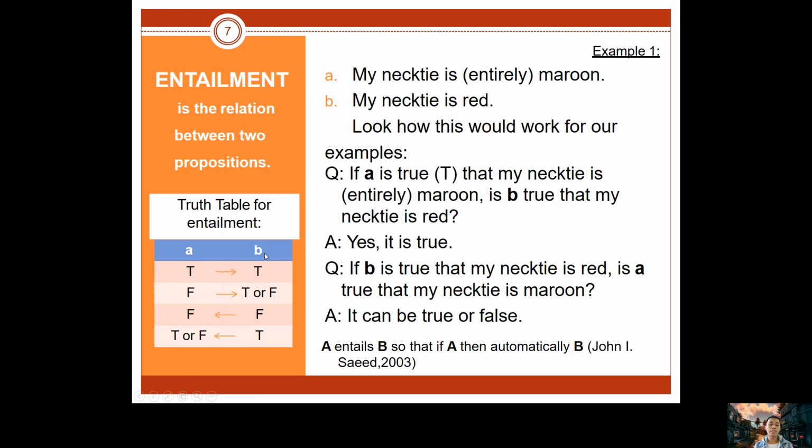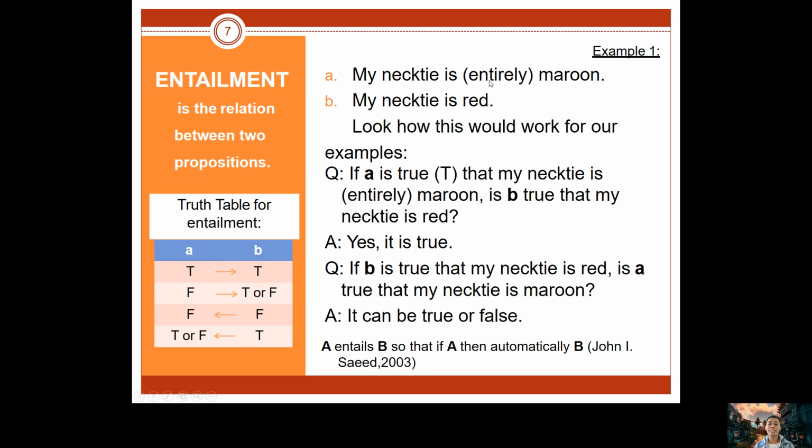Like that. Okay, let's move to example one. This is premise one, the first sentence.